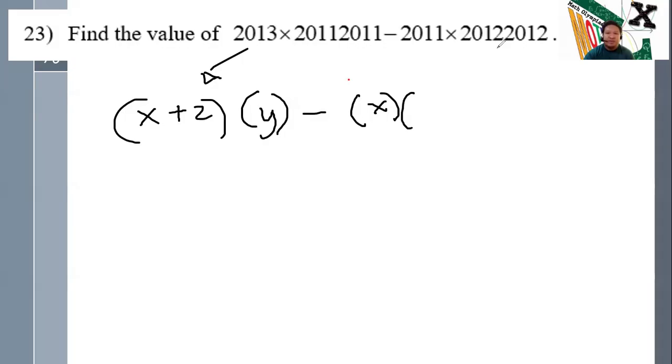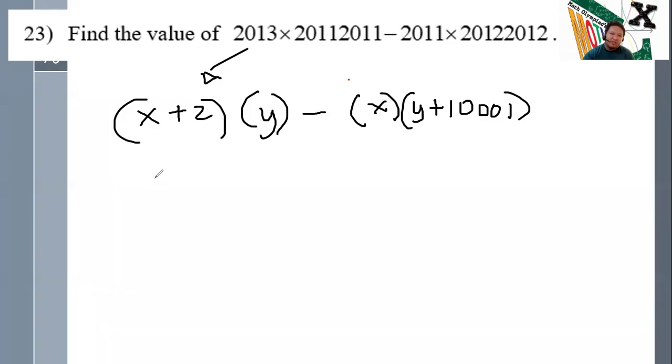And the 2012 is like y plus 10,001, because your y is 2011. We can express it that way, so that it will become easier algebraically.